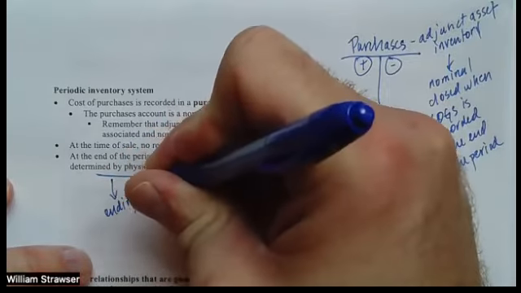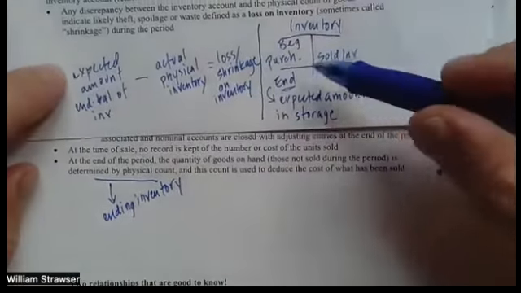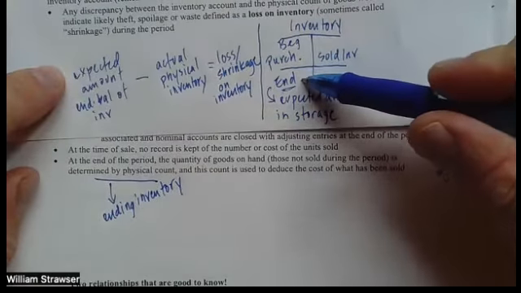And now think for a moment about how this is very different than what we just talked about, where under the perpetual system, I had an expectation of what I should find in my ending inventory because I was tracking all the purchases and all the sales in the inventory account over time. I had that expectation. I did a physical count to just check that expectation. And if I came up short, well, then I had shrinkage. It must have been stolen. It must have been ruined somehow. Perhaps it's spoiled.